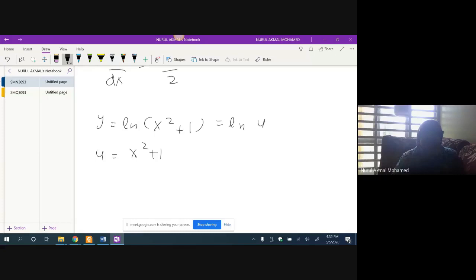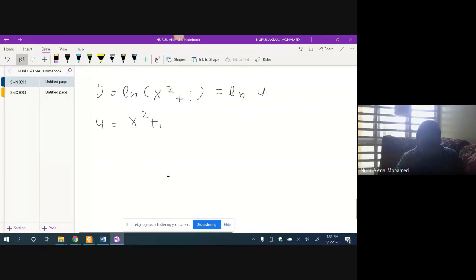And then you apply the chain rule, which is dy/dx is equal to dy/du multiplied with du/dx.